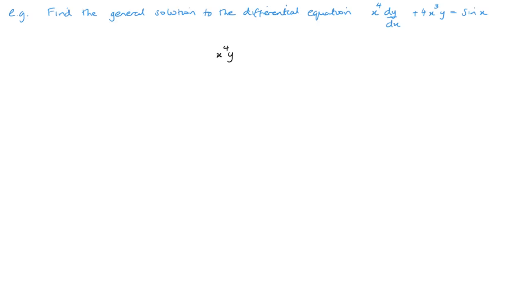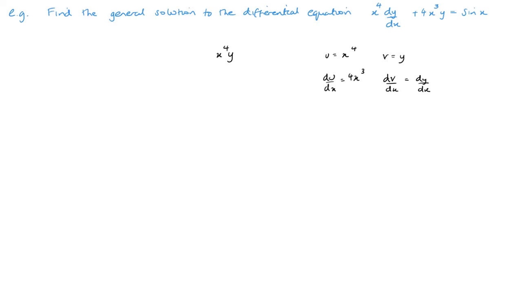I would call u x to the power 4 and v y, so du by dx is 4x cubed and dv by dx is dy by dx.